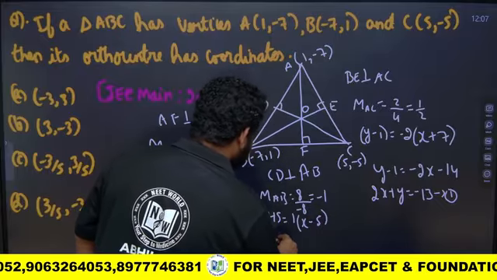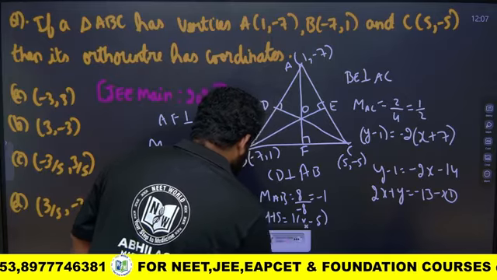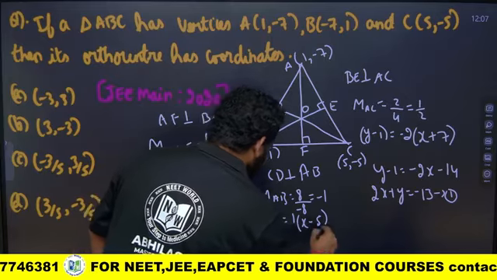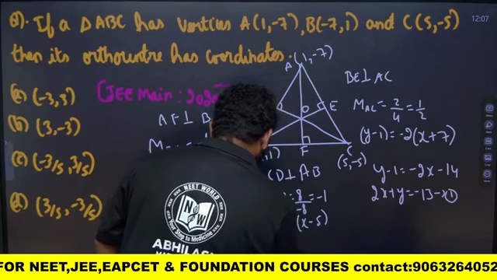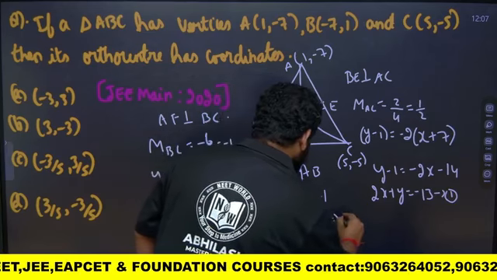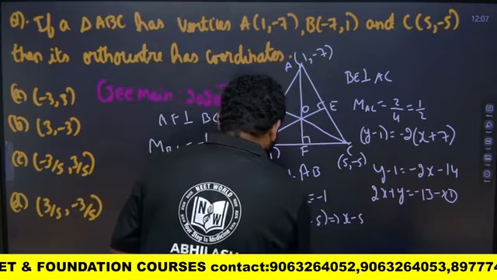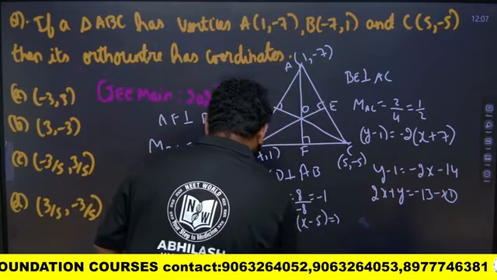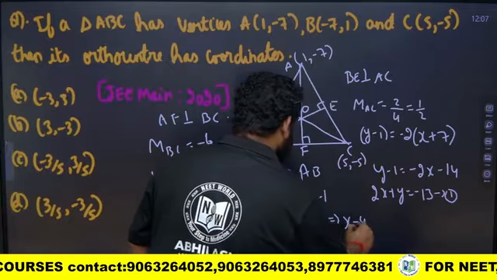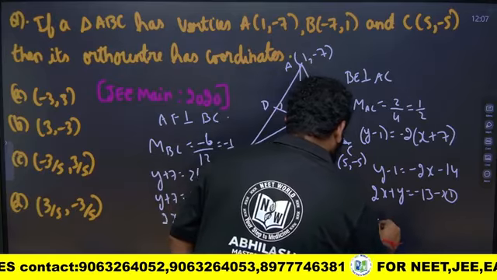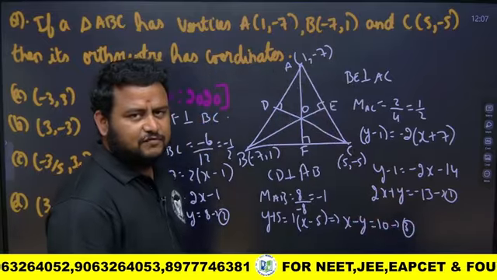So we get x minus y minus 5, or x minus y is equal to 10. X minus y is equal to 5 comes that side, it will become 10. This is equation 3. We have to solve these equations and we will get the value of the orthocenter.